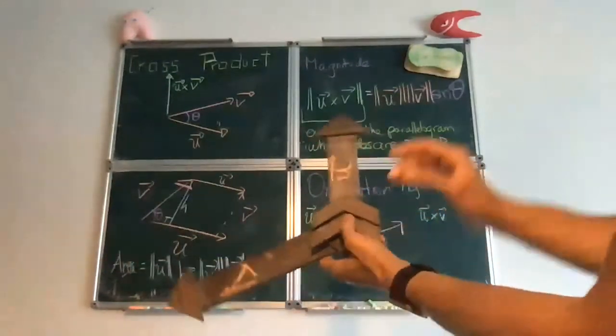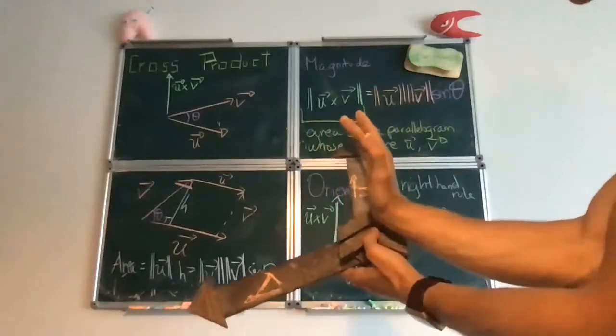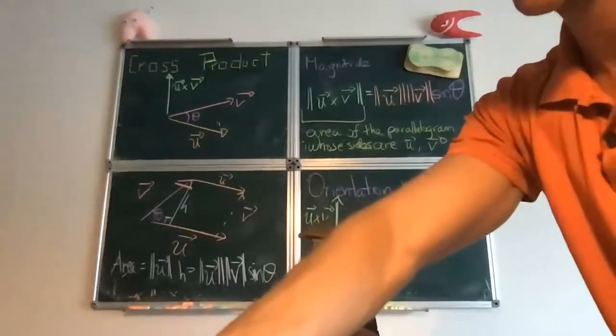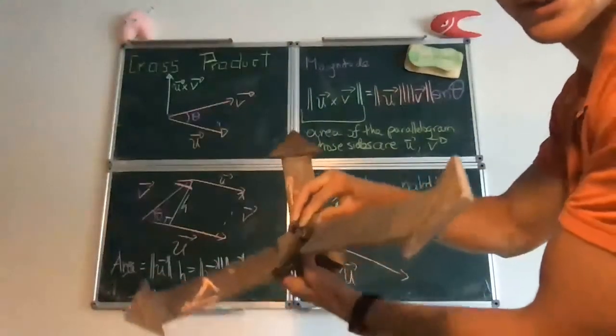So again, the idea is that I would put my fingers along u, move them towards v, and then the thumb gives you the direction for the cross product, and so you end up getting this.